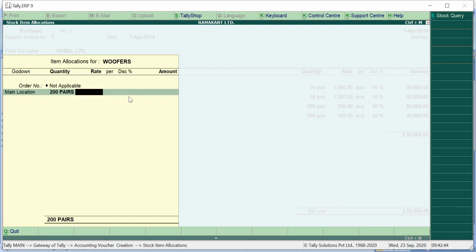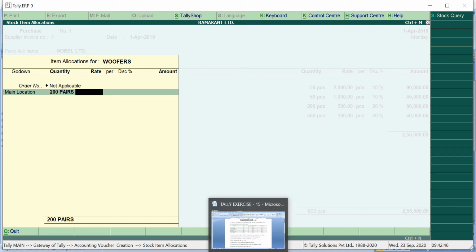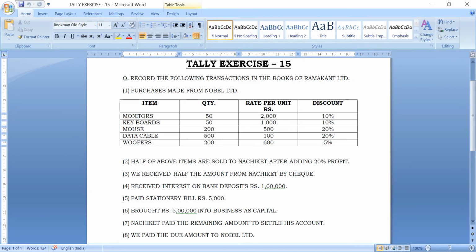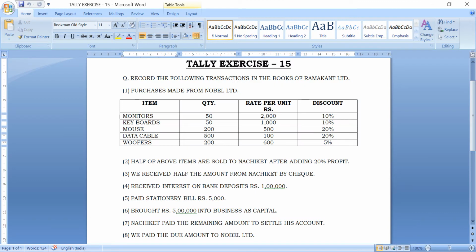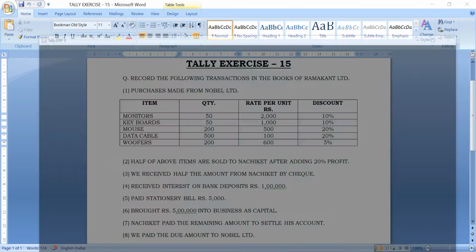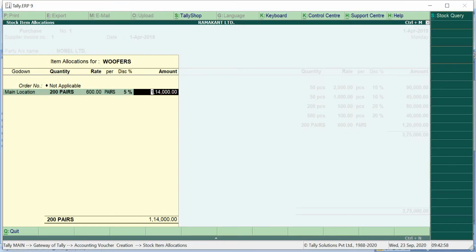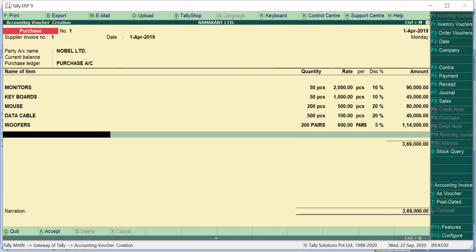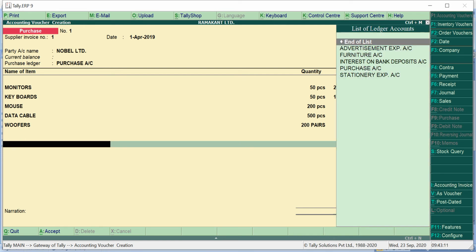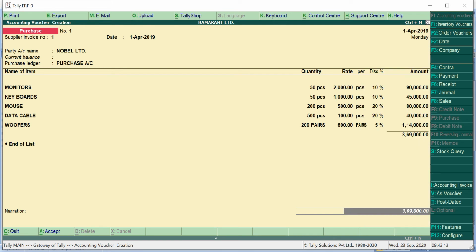We don't need to select pair. 600 rupees per pair. Any discount on woofers? Yes, we are getting 5%. So 5%. So 5 stock items and then end of list.